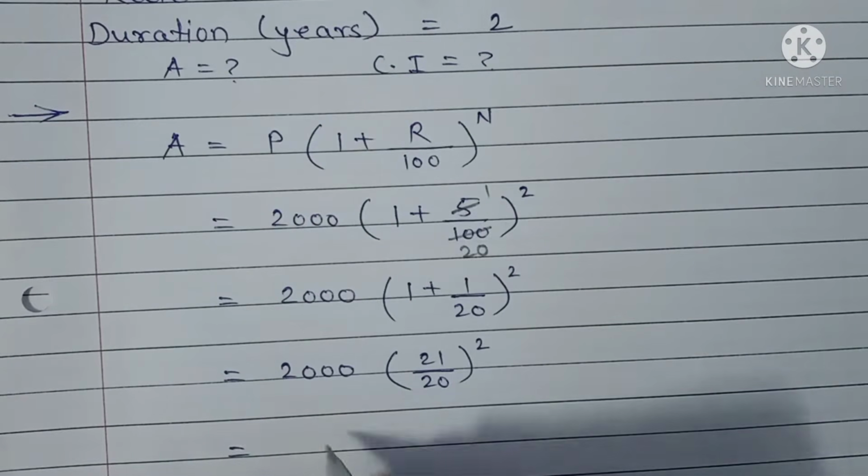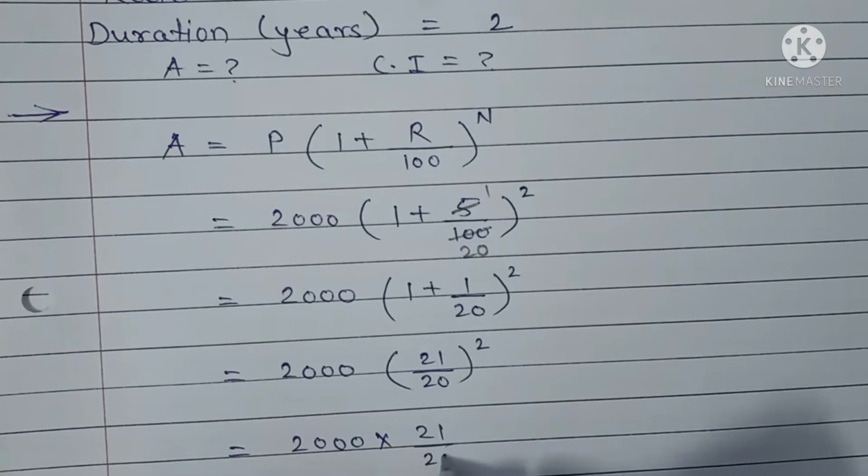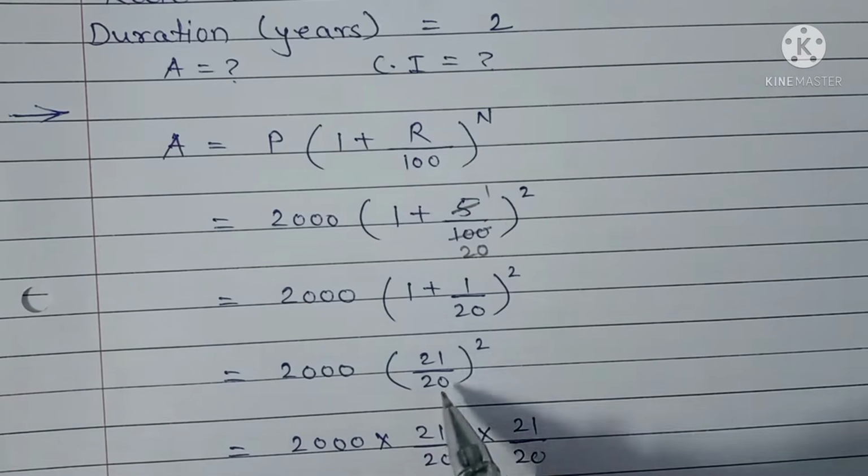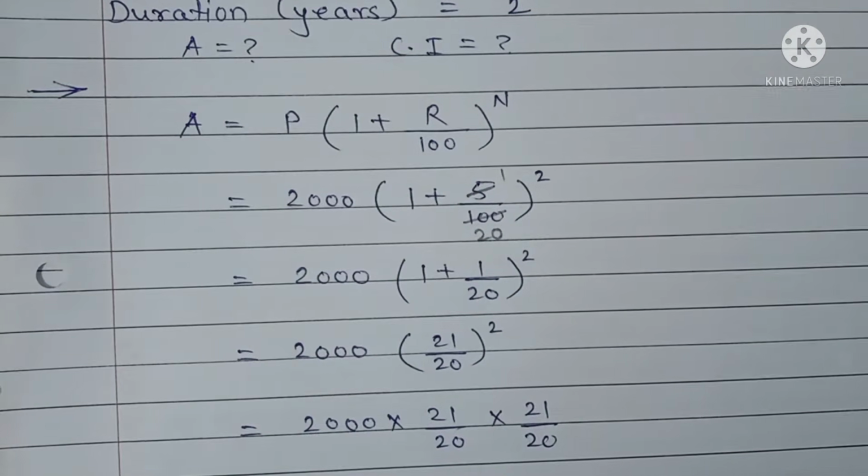Square means this term is 2 times: 2000 multiplied by 21 upon 20 multiplied by 21 upon 20.